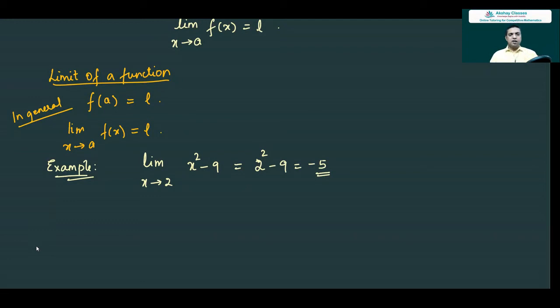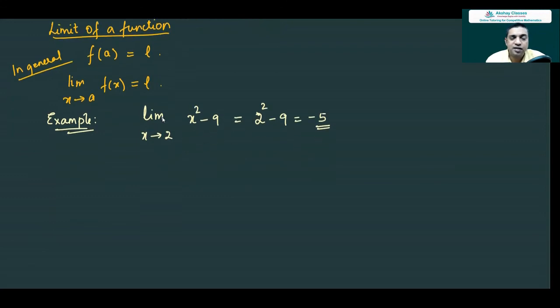But a question comes in solving indeterminate forms. Other than indeterminate forms, if limit of f of x as x tends to a equals L holds true, then limit as x tends to a of a times f of x plus b will be equal to a times L plus b.